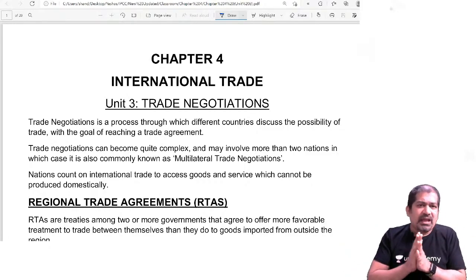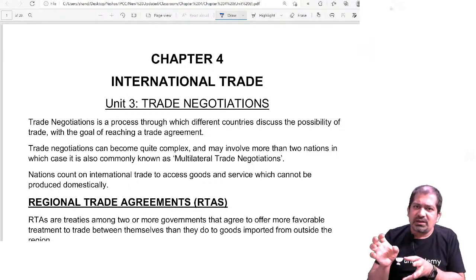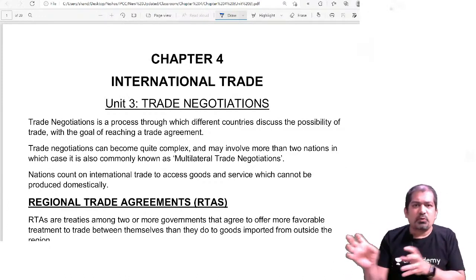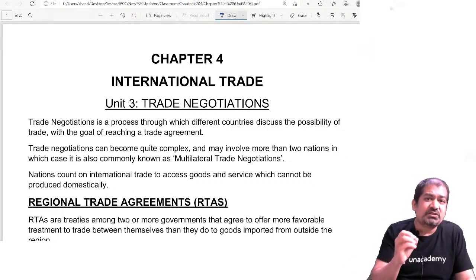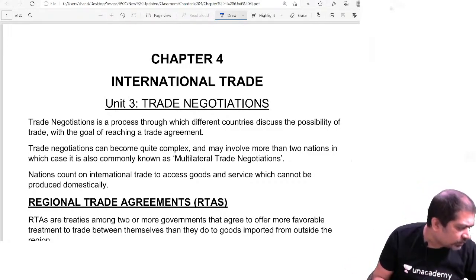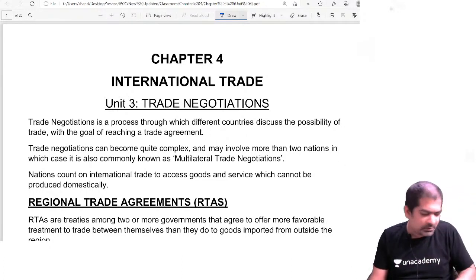So there can be different varieties of agreement: between one country and another country, between a country and a bloc, and between two or multiple blocs. These blocs are generally formed to go for trade negotiation.